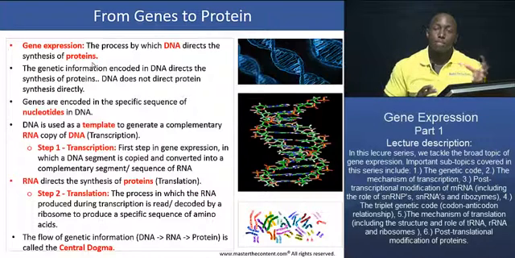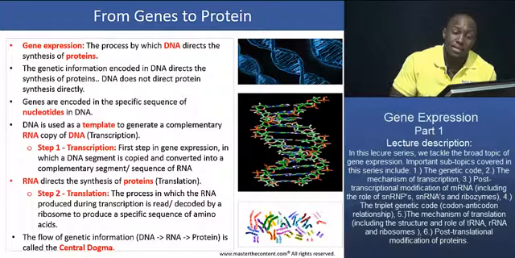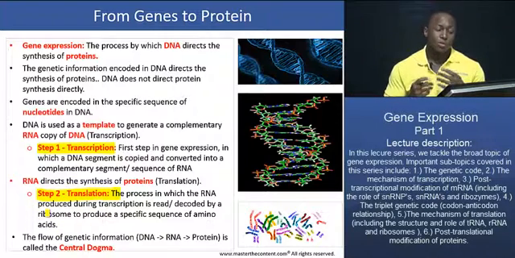Now, getting a protein from a gene requires two main processes. The first one, which I already talked about very briefly, is transcription, and the second one is translation. Transcription is the very initial step in gene expression. In transcription, a DNA segment is used as a template and is converted into a complementary segment of RNA.